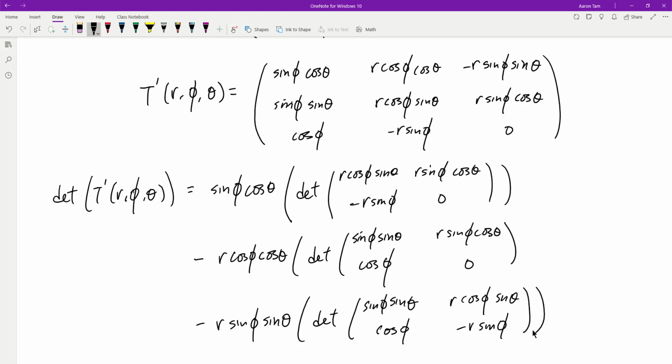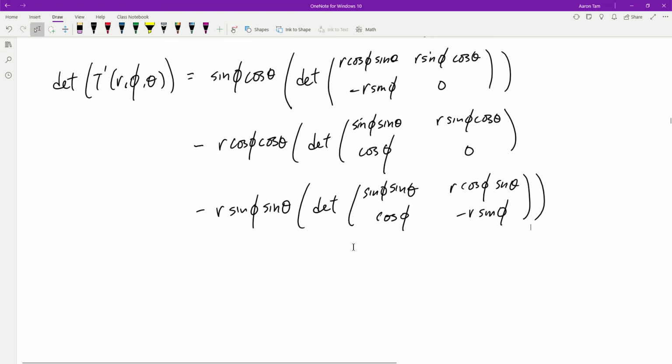So now it's just a matter of trying to figure out what all of these come down to. Let's give it a try. This would equal sine phi cosine theta times the determinant of this 2 by 2 matrix, which will first be a times d, which is 0 because d is equal to 0, minus b times c.